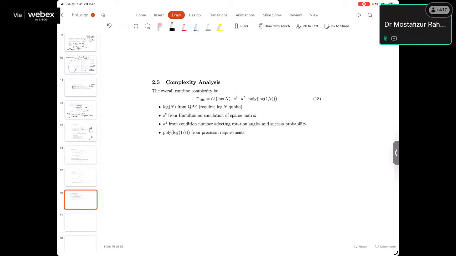I'll share the notes, don't worry. By doing this algorithm, you boil down the complexity to log N s squared kappa squared. That means you can make faster computation for solving linear systems of equations.